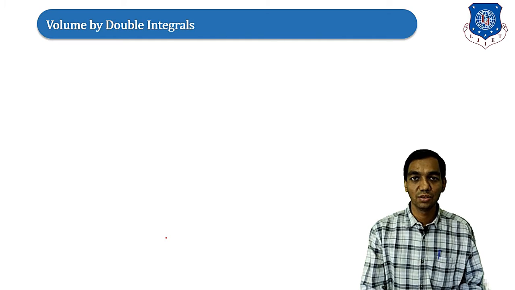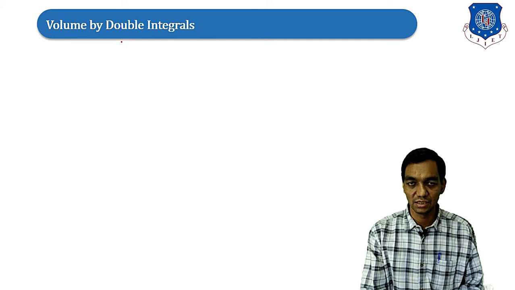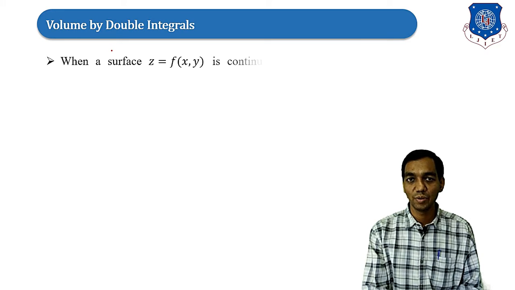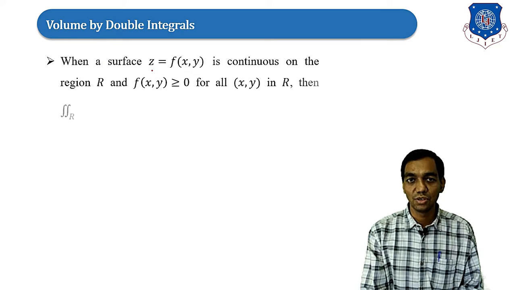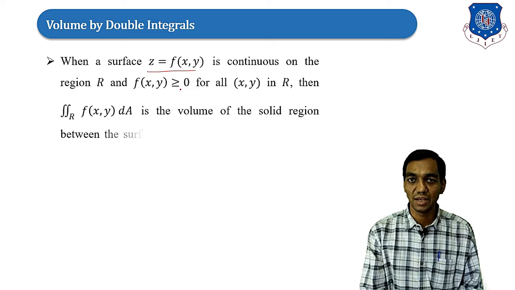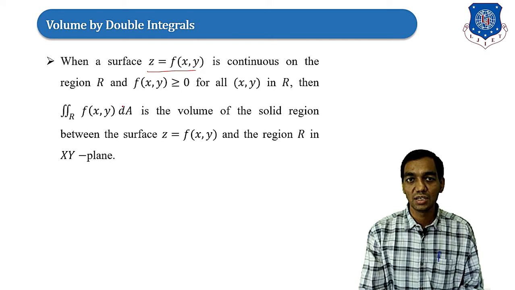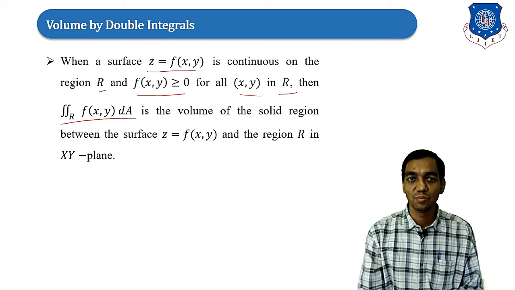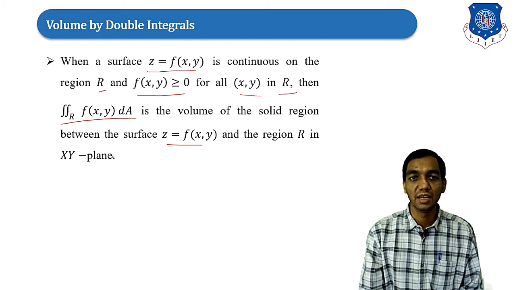Now, we are going to find the volume by double integration. If you are finding the volume by double integration, then suppose z is equal to f of x comma y is a continuous surface on a region capital R, and f of x comma y is greater than or equal to 0 for all x, y in the region R, then the double integration of f of x y dA is called the volume of the solid region between the surface z equal to f of x y and the xy plane.